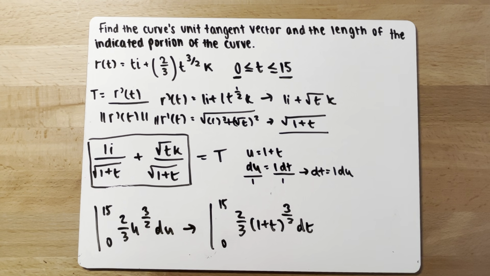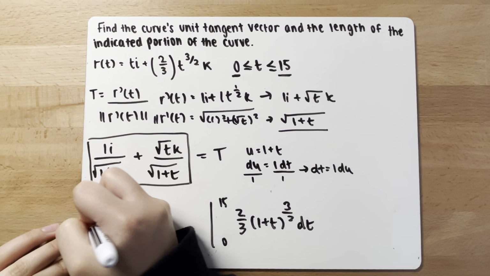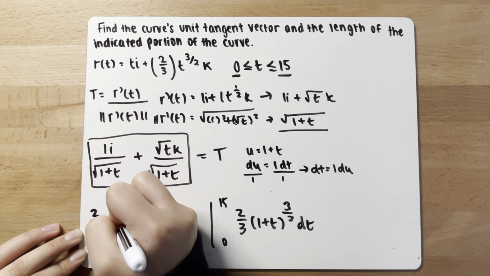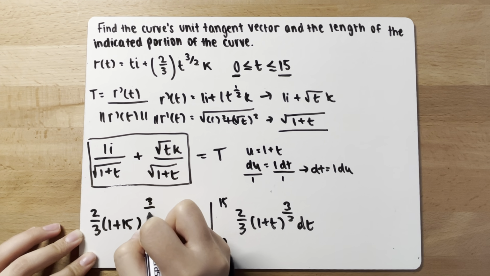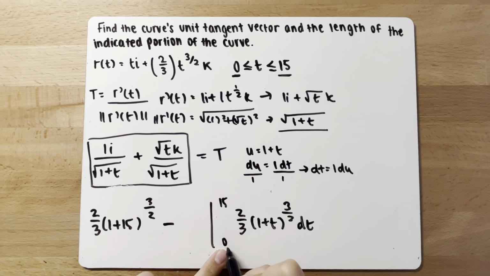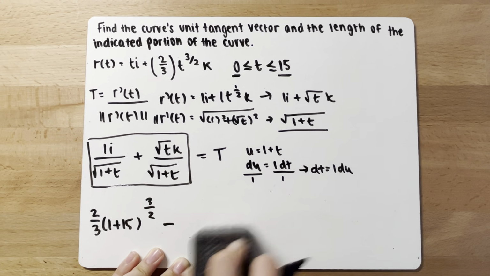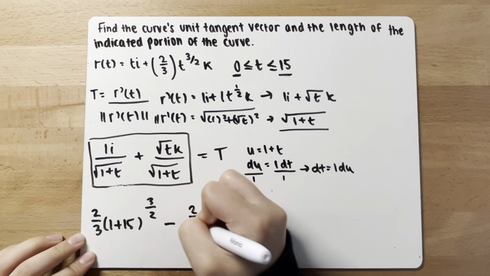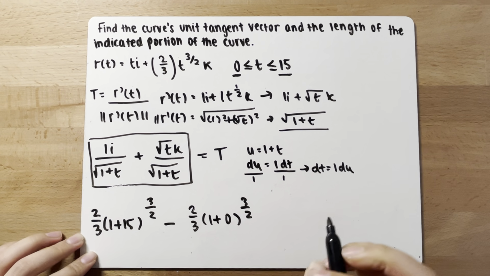You then have 2/3 times (1 plus 15)^(3/2). Now we subtract, substituting 0 into t. You have 2/3 times (1 plus 0)^(3/2).